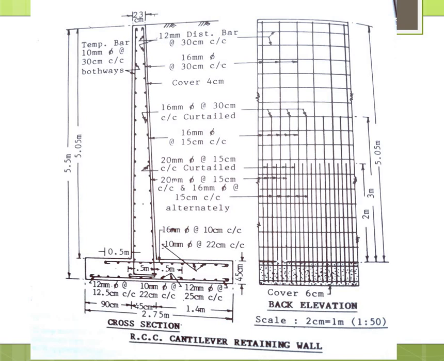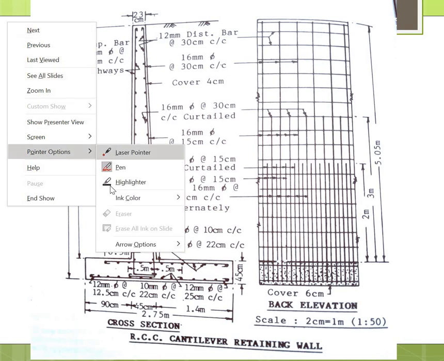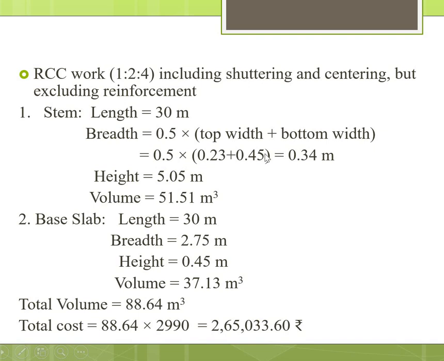The width of the retaining wall at the top is 0.23. Here the top width is 0.23 and the bottom width is 0.45. It's measured here, so you have to take an average for finding the width of the stem.